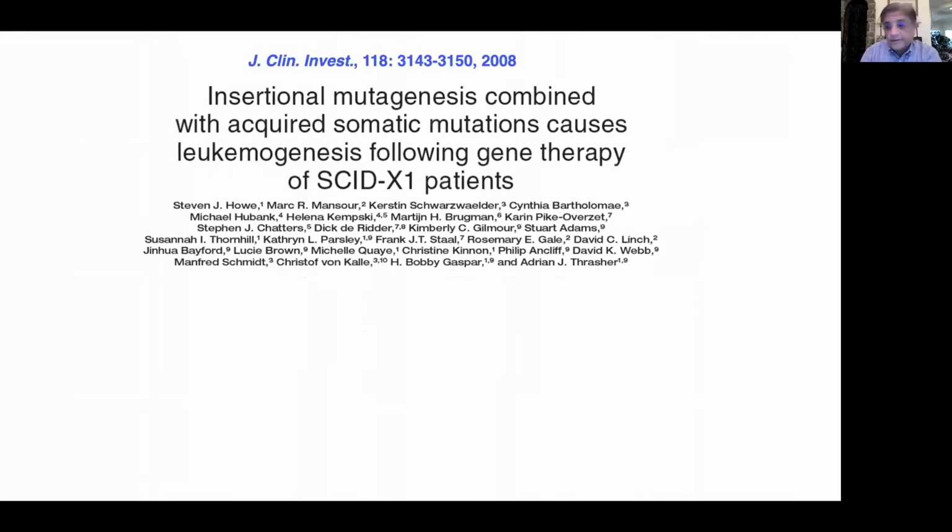And this was not only limited to France, it also happened in London. This was a trial done by Steve Howe and Adrian Thrasher. Again, exact same disease, X-linked SCID, and same retroviral vector. They saw T-cell leukemia occurring in 1 out of 10 patients 2 years after gene therapy. And it got worse.